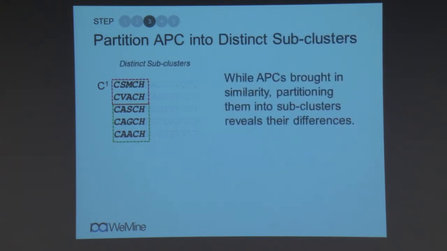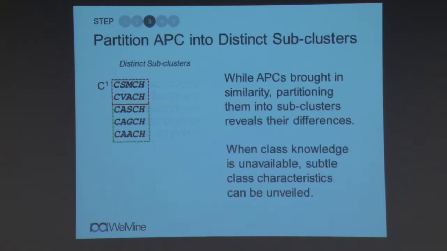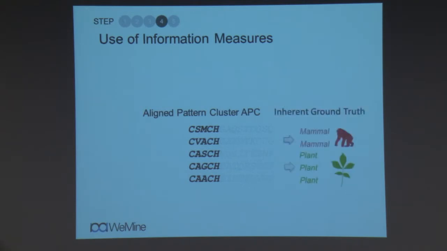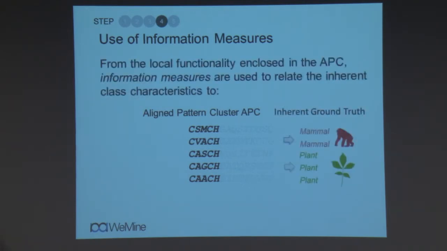Then we further partition them, and using an information measure, we show that they can indeed reflect the subtle class characteristic. For example, now we have an aligned pattern cluster. If we bring back the ground truth, then we can find out which pattern from the local functional group corresponds to what class. We found that some patterns are connected to mammal, some patterns to higher plant, okay?